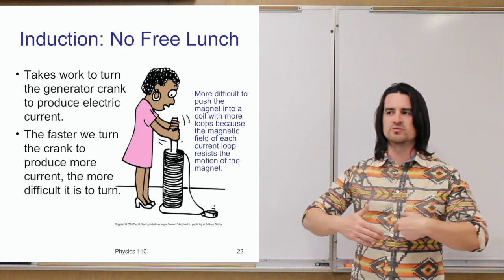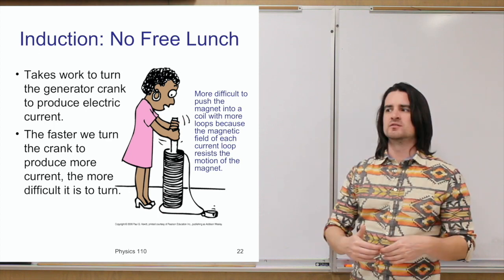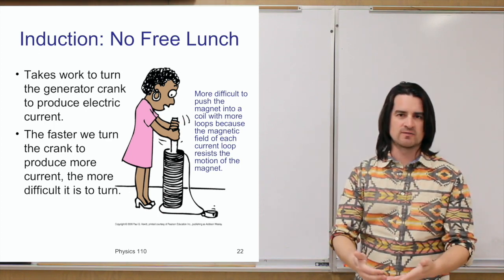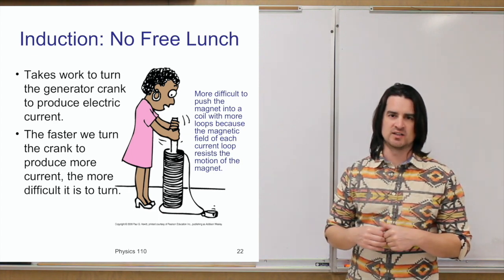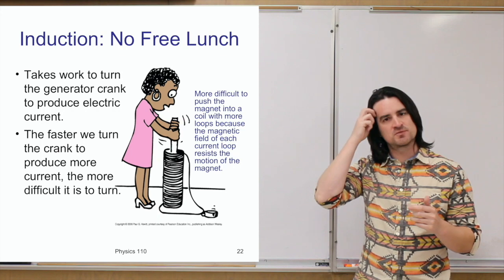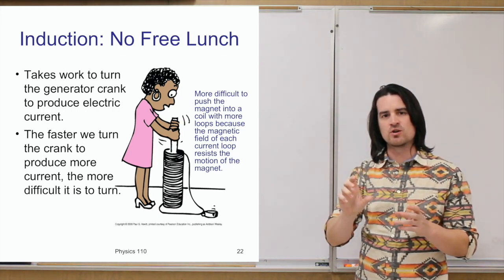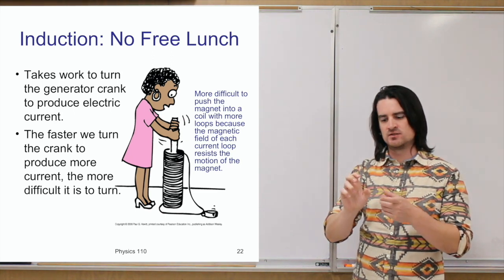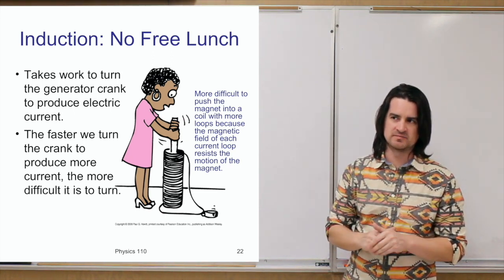So not only do you induce a voltage which drives a current, you also induce a new magnetic field, and that magnetic field will oppose the original magnetic field. So essentially the faster you try to spin a coil, the more that coil becomes a stronger and stronger magnet that works against you trying to spin it.